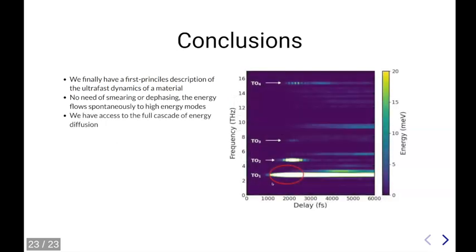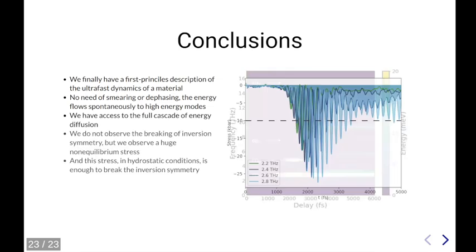We have access to the full cascade of energy that leads in long time to thermalization. And so we have a new tool to access all this out-of-equilibrium information, even in systems that exhibit strong quantum fluctuations like strontium titanate.